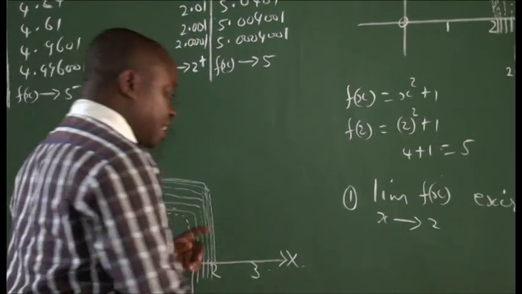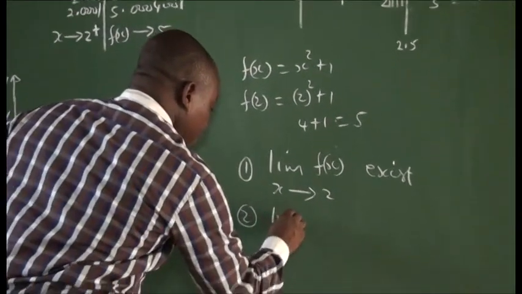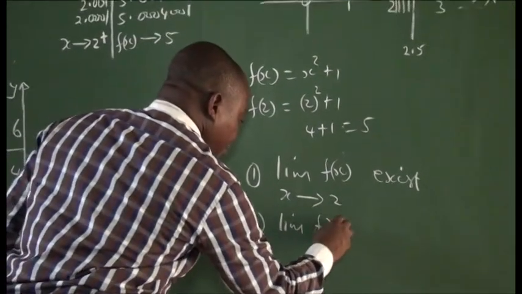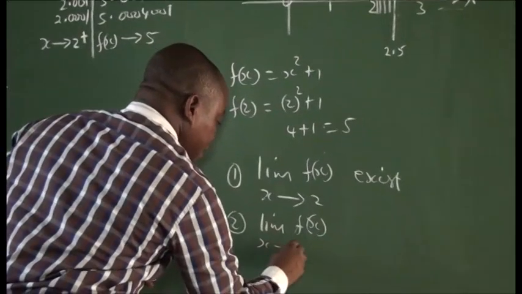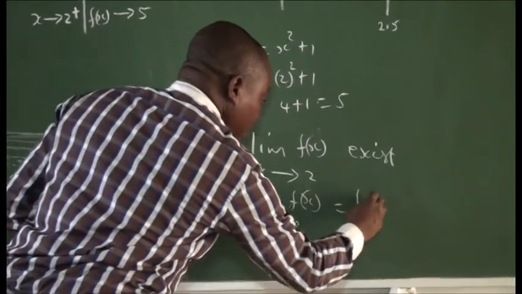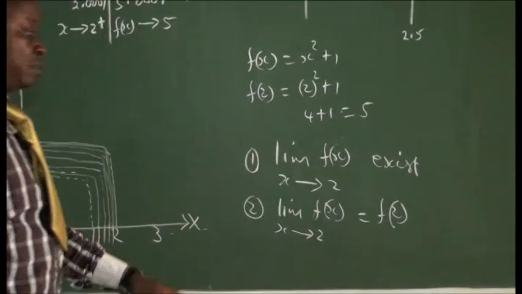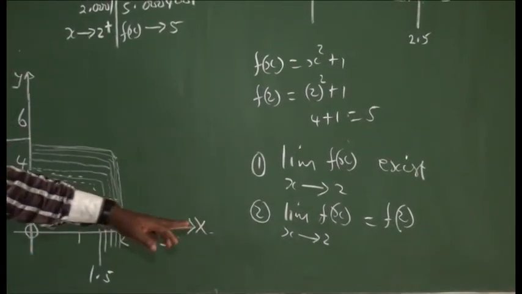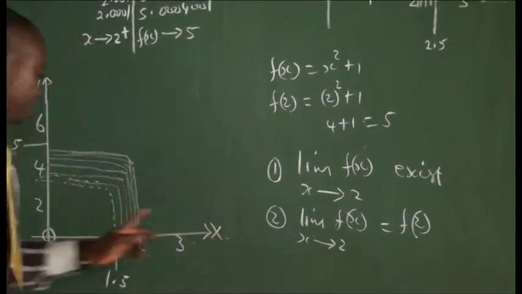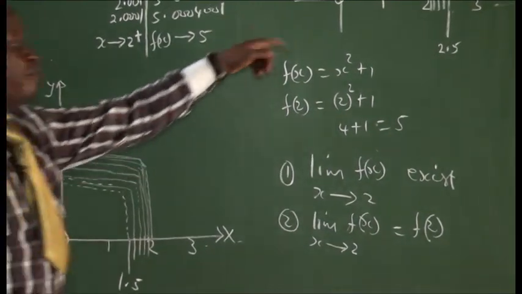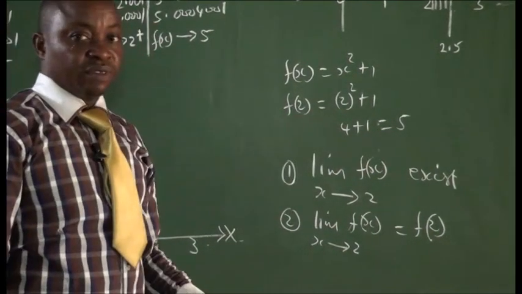Number 2 is that the limit of f of x as x approaches 2 is equal to f of 2. Look at it: the limit of f of x as x approaches 2 is 5, and f of 2 is also 5.